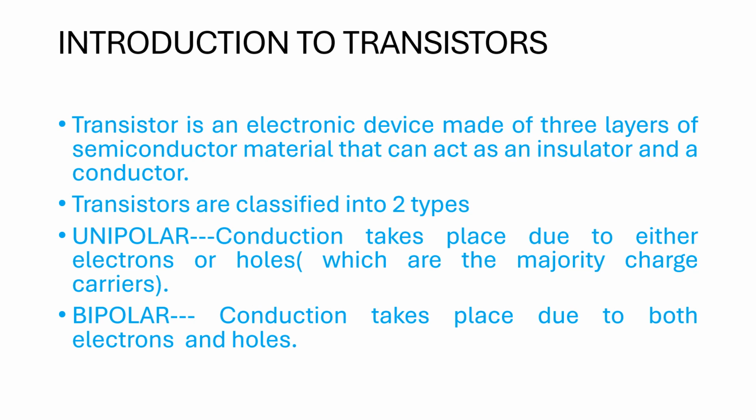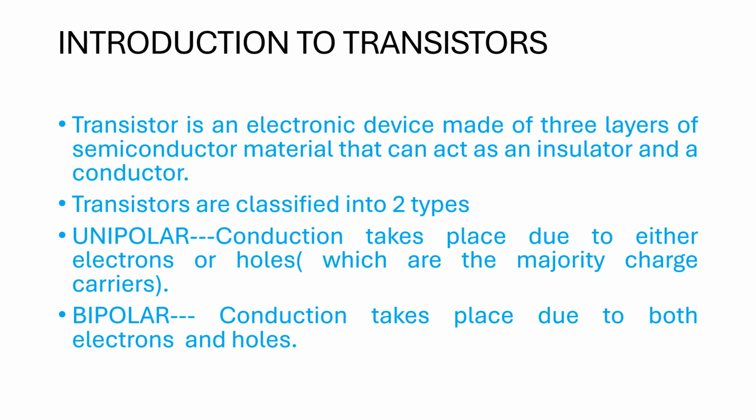Based on the type of conduction, the transistors are classified into two types: unipolar transistor and bipolar transistor. Unipolar means the conduction takes place due to either electrons or holes. Unipolar, that means single polarity. The conduction takes place due to either electrons or holes, which are the majority charge carriers.